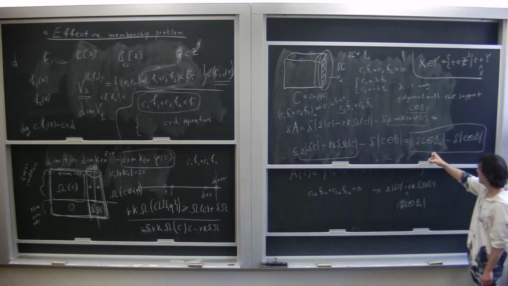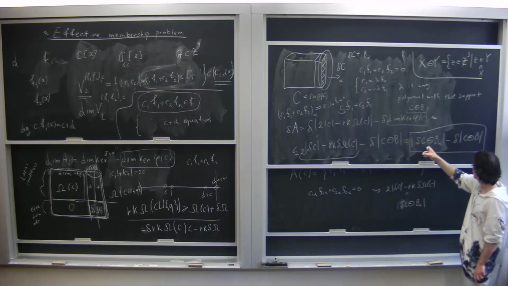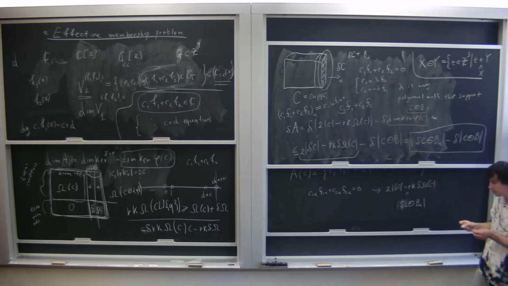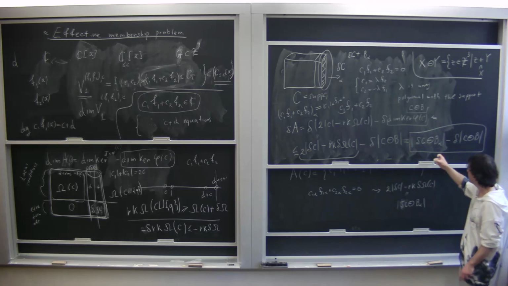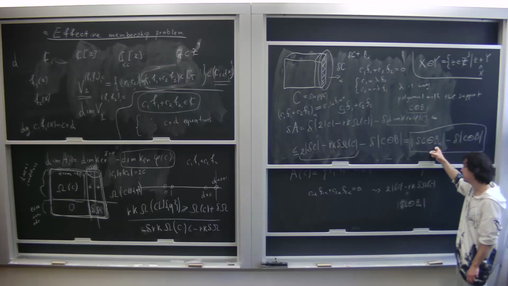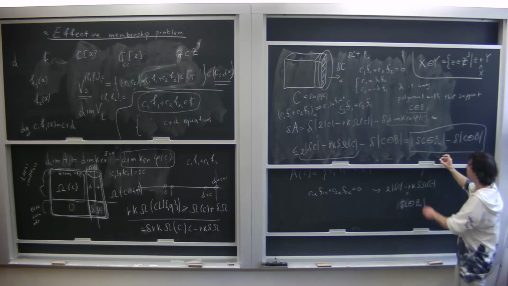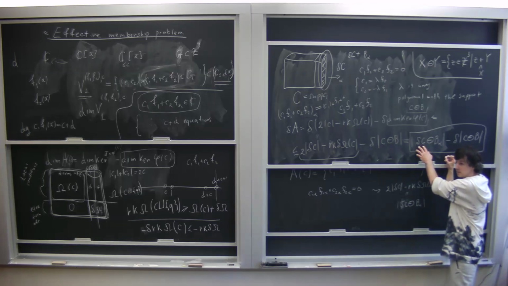What we have here is the number of integral vectors which can shift B alpha, the facet of B with the normal vector alpha, to delta C with the same normal vector.